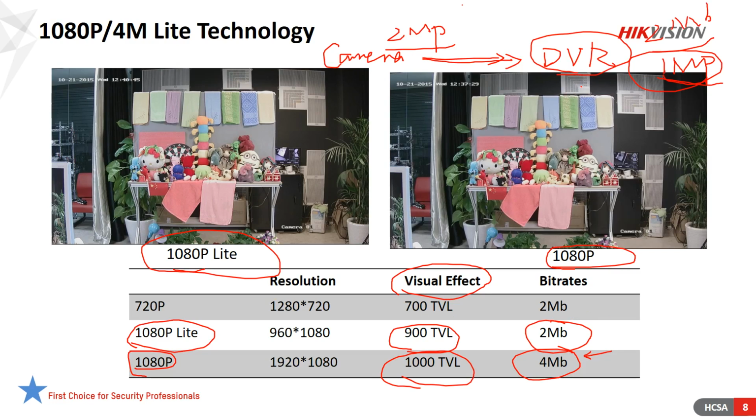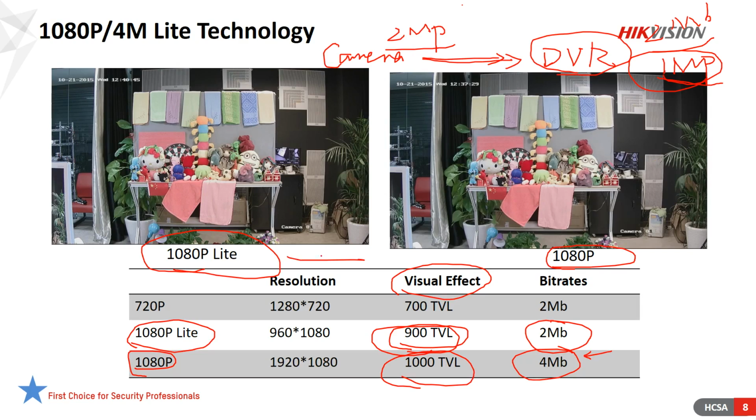But the DVR has a function of 1080p Lite technology, which is going to make 1 megapixel become like 2 megapixel. Actually not 2 megapixel, but very close, which is the 1080p Lite, which is the 900 TVL. So after processing the signal, the DVR is going to provide almost the same quality of the image.